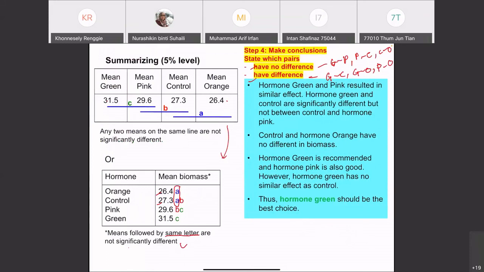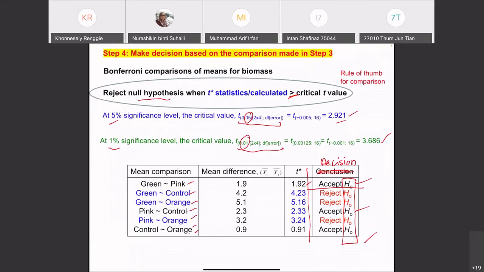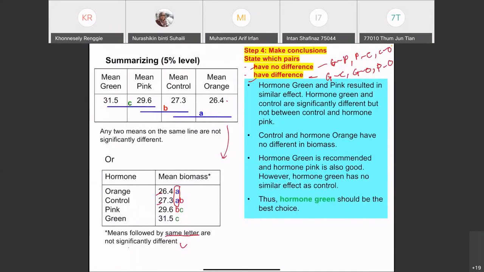If you are analyzing the next one, control and pink both have B, right? So they don't have any difference, and control and pink is the one where you accept the null hypothesis. But what happens to those that have different letters? For example, A and C over here, orange and green. Orange has A and green has C. It's not equal, so on the opposite, they are significantly different.